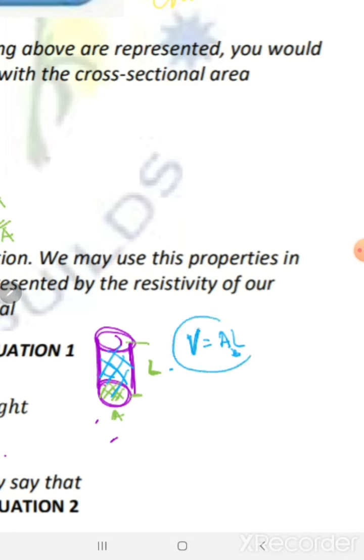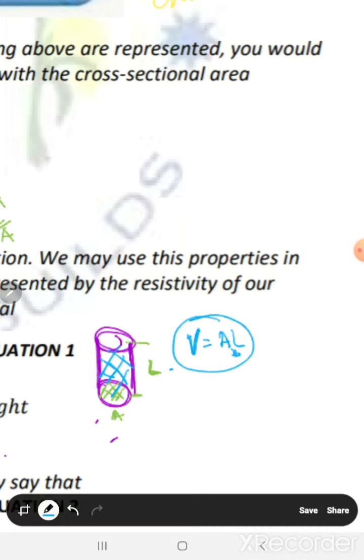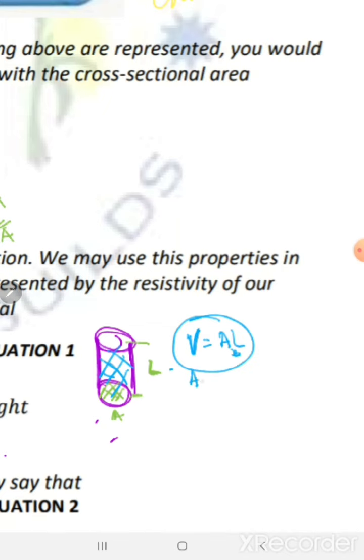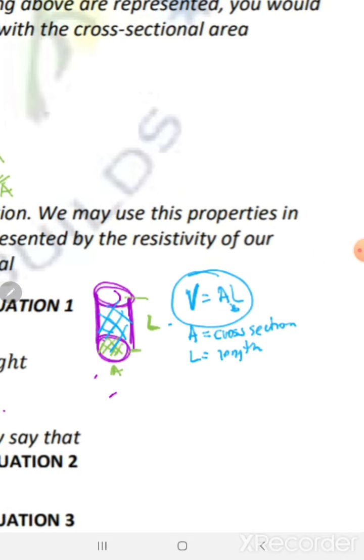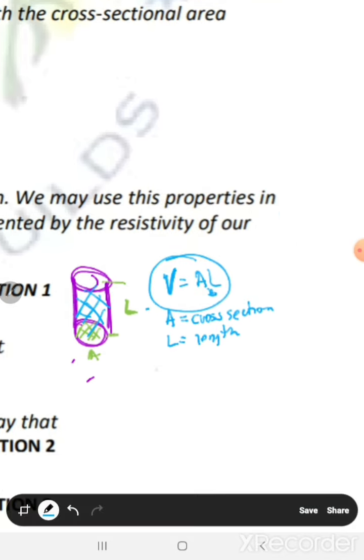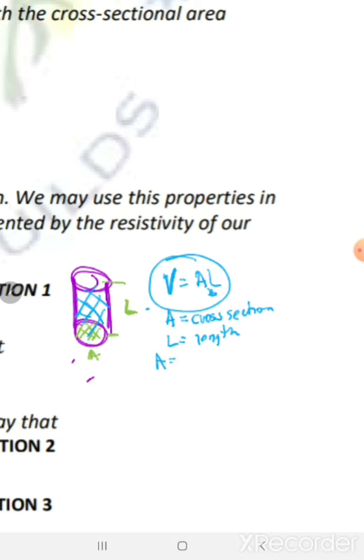It is just equal to area of the base multiplied by L. You know that your A is your cross-sectional area and your L is equal to length. Therefore, it is safe to say that I may manipulate your equation that A is equal to V over L and L is equal to V over A.